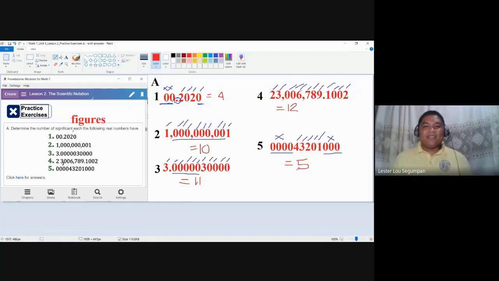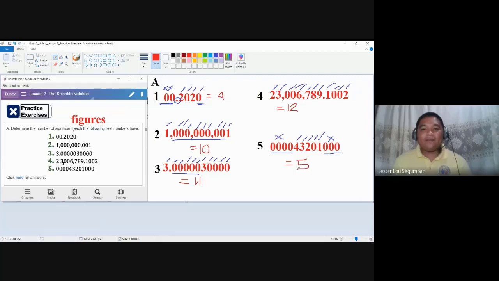So this is how we determine significant figures or significant digits of real numbers. They are actually real numbers in standard form. But what is the purpose of significant figures? As I mentioned earlier, significant figures tell us the number of digits that are significant to describe the real number itself.